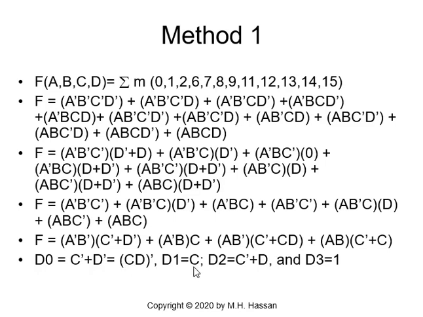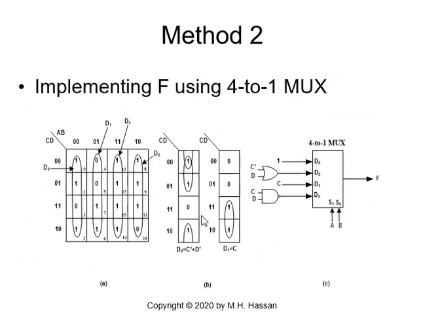And D1 will be C, and D2 will be C prime or D, okay, and D3 will be equal to 1. So once I have this, I will end up with the same answer. So you get CD prime, C, C prime or D, and 1. This is the NAND gate C, NAND D, and this will be the answer.